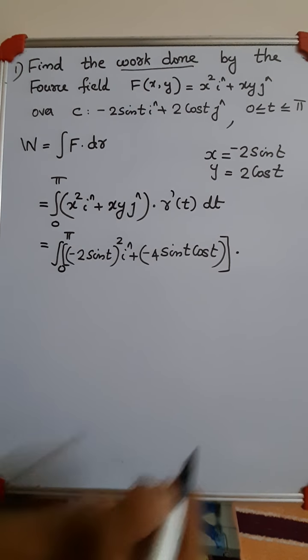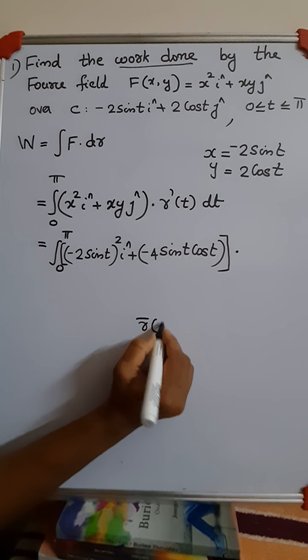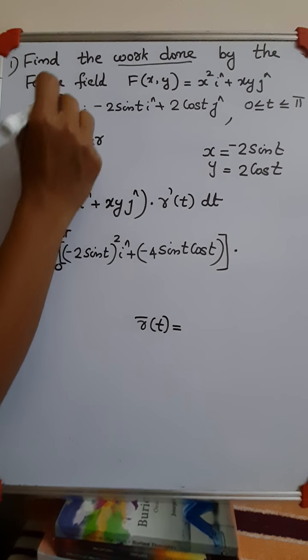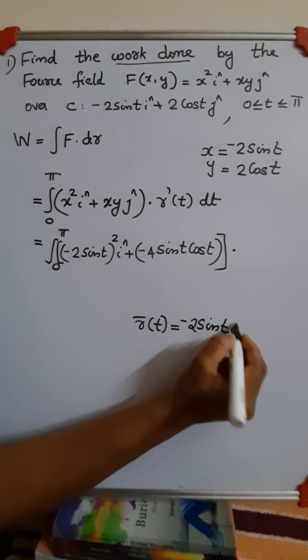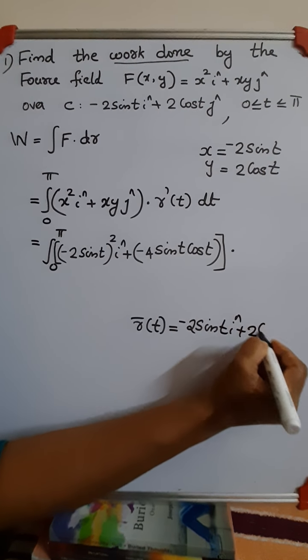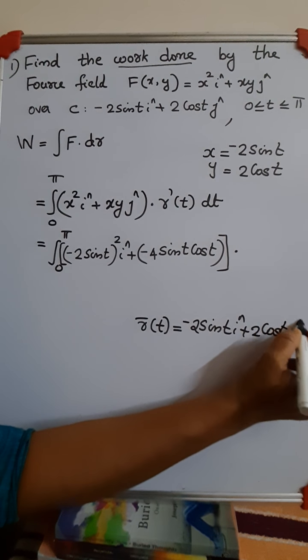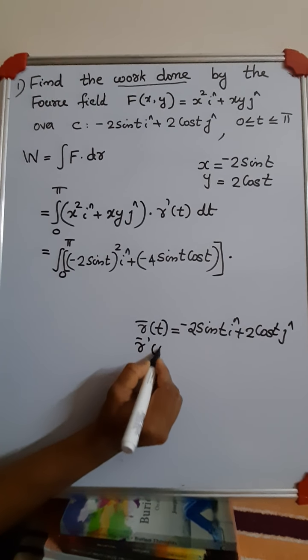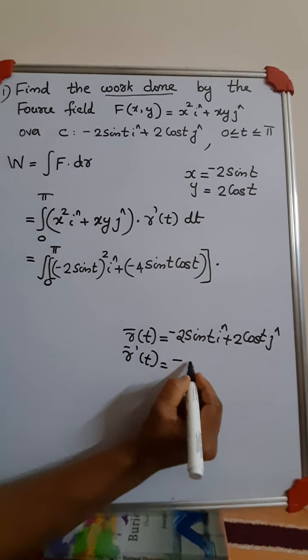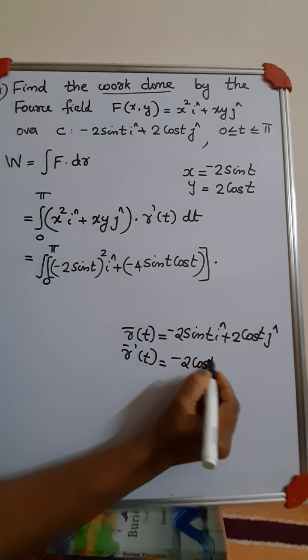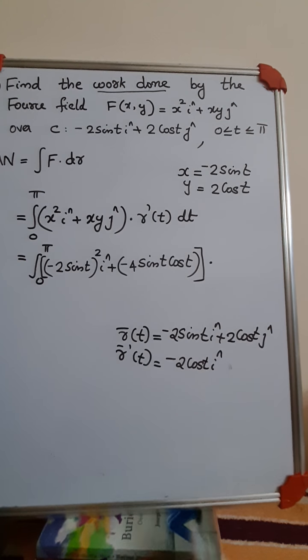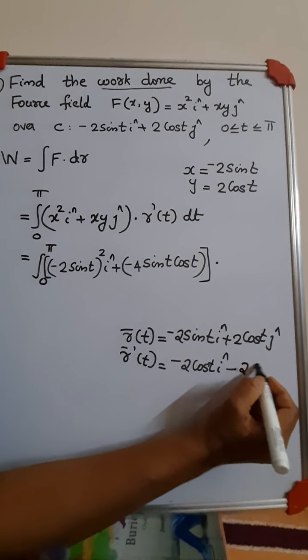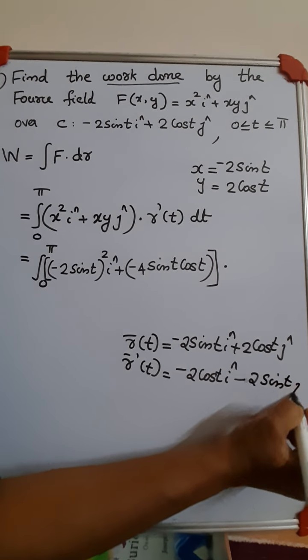How can we find r'(t)? We have r(t). The parametric form of the curve is minus 2 sin t i plus 2 cos t j. r'(t) is equal to minus 2 cos t i plus the derivative of 2 cos t, which is minus 2 sin t, j.